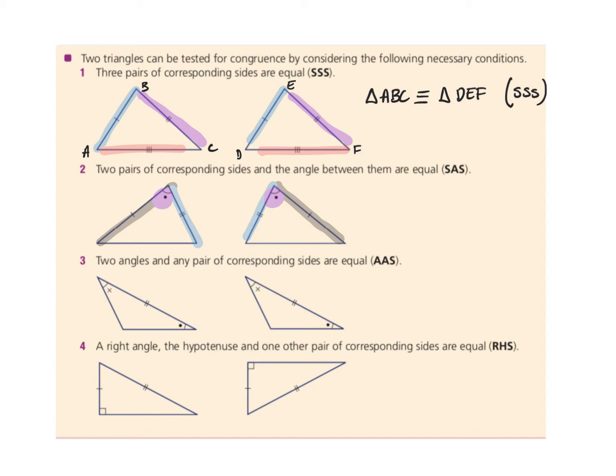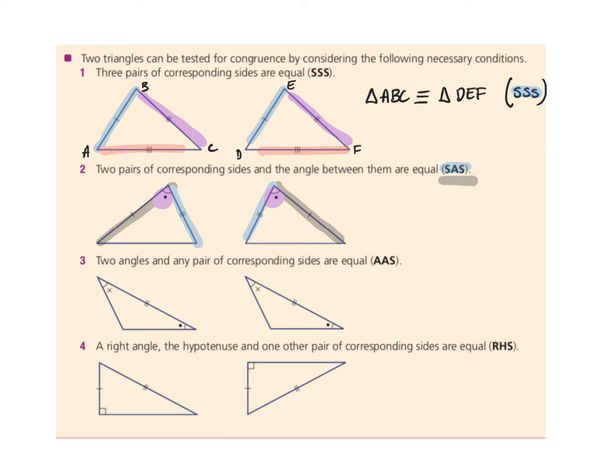If the angle between two sides that are exactly the same length is also the same, we could say they were congruent. I'd use this as my explanation, like up here, we'd say S, angle, S. We put the A in between the two S's, saying it's the scenario where we have two sides and the angle in between is the same. So that's another way we can prove they're congruent.